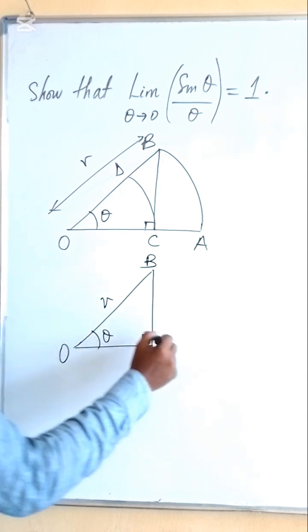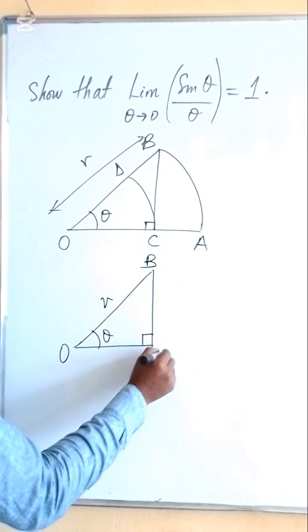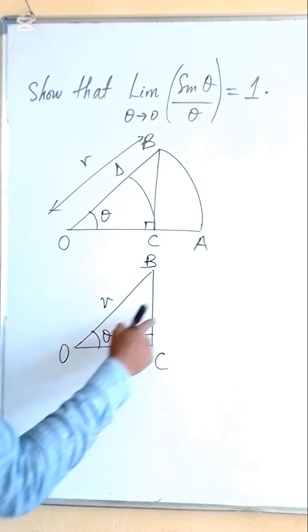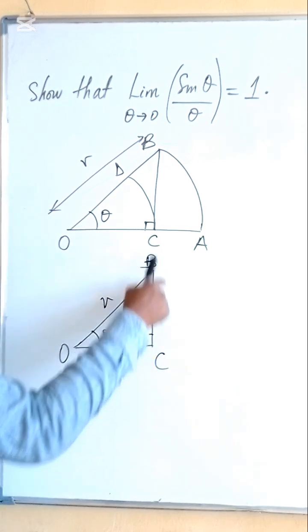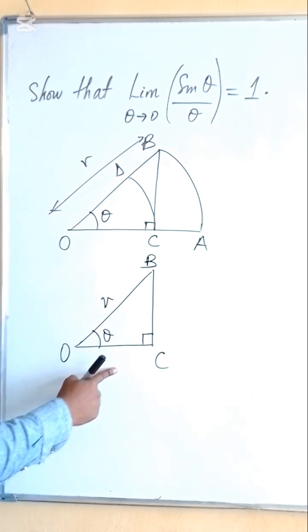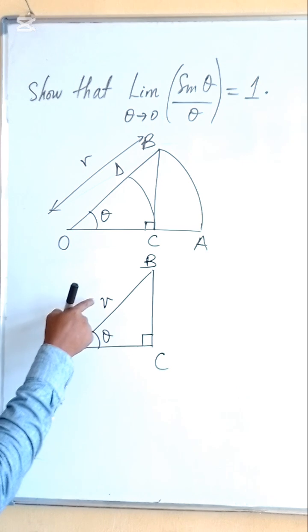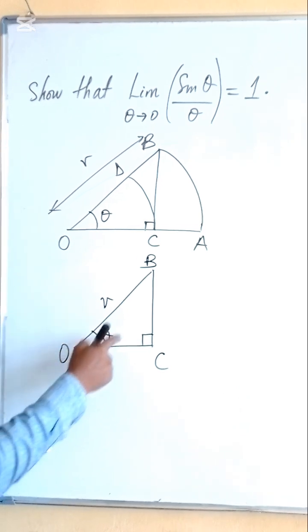And if I wanted you to find what will be the length of this side CB, take note. The length of this side CB relative to theta, CB is the opposite and CO or OC is the adjacent. So the relationship between this side and R, the hypotenuse, through theta will be sine.